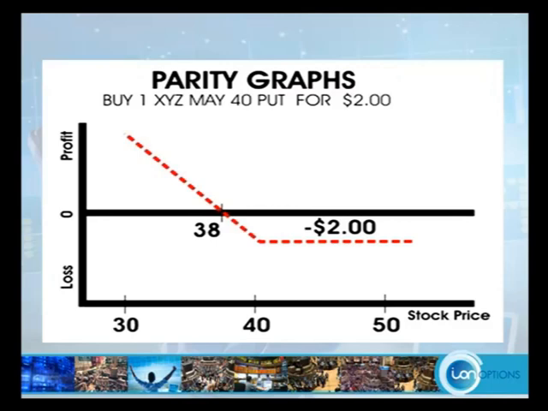Have the right to sell it at 40. I could then go out and buy that stock back on the open market for 38. That gives that put a value of $2. I had bought the put a while ago for $2, and now with the stock at 38 at expiration, it's worth $2. I have not made nor lost money. That's why it's a break even.